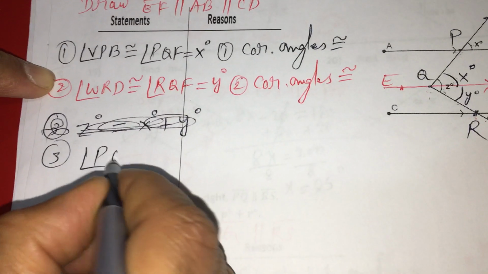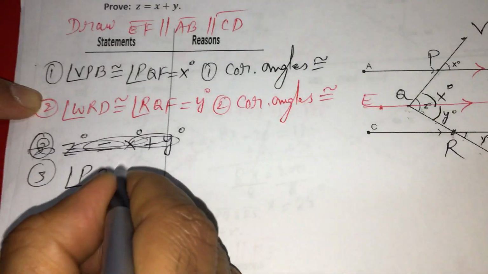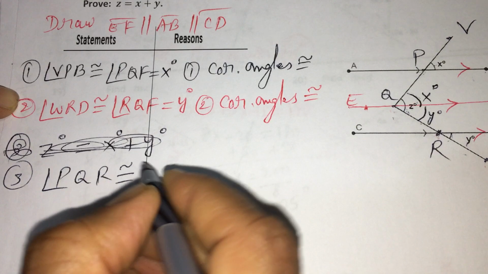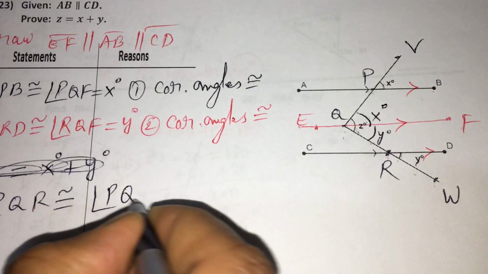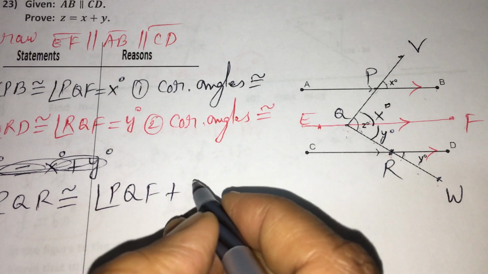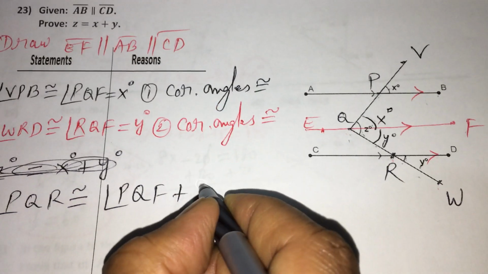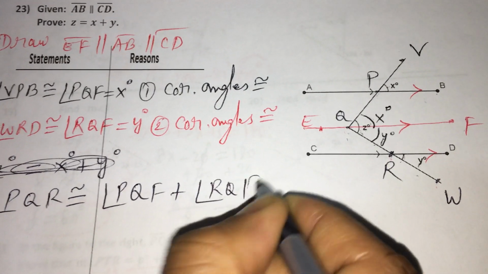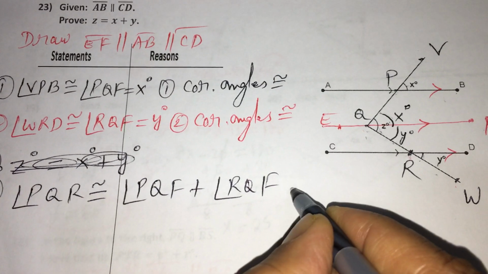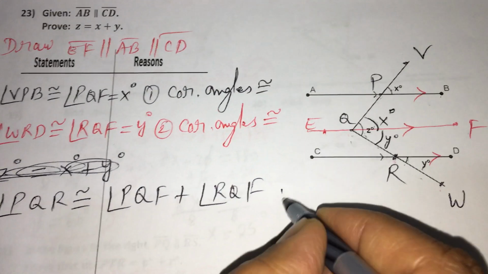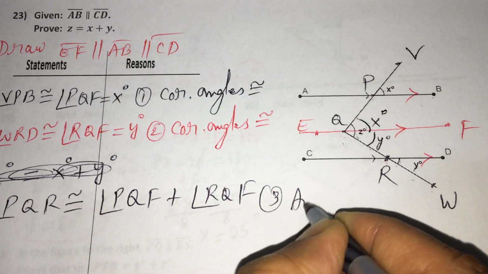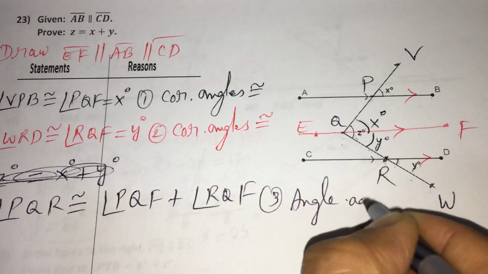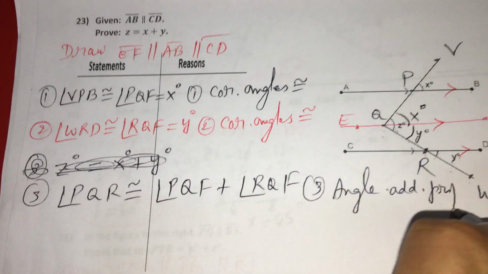Angle PQR is congruent to angle PQF plus angle RQF. This is the angle addition property.